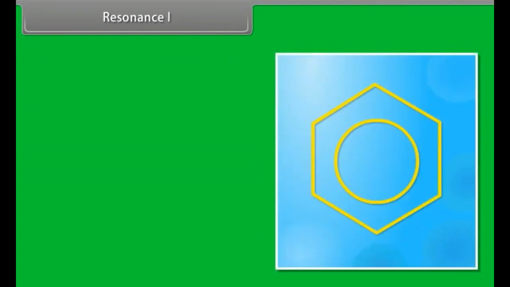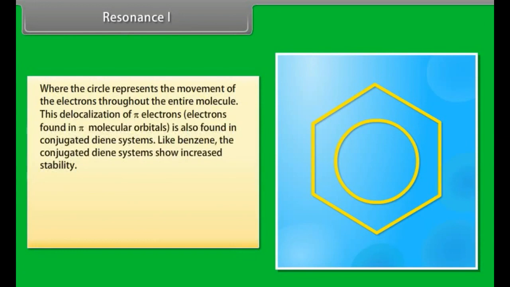The hybrid of these structures would be drawn like this, where the circle represents the movement of the electrons throughout the entire molecule. This delocalization of pi electrons, found in pi molecular orbitals, is also found in conjugated diene systems. Like benzene, the conjugated diene systems show increased stability.